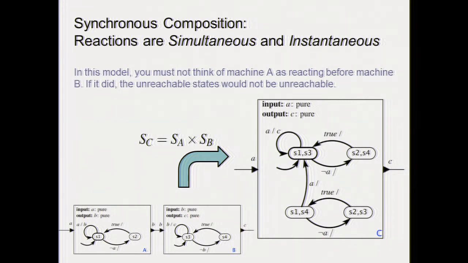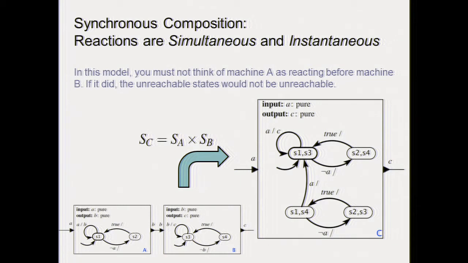If you assume you are in the composition S1, S4: if A is present, it goes to S1, S3 and doesn't output anything.